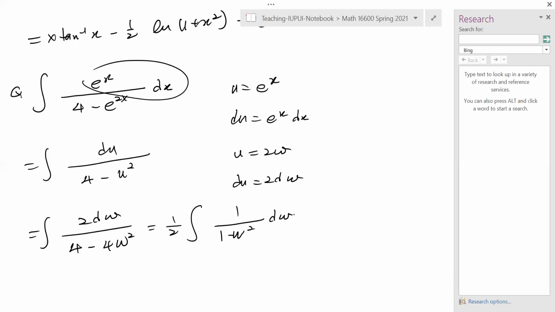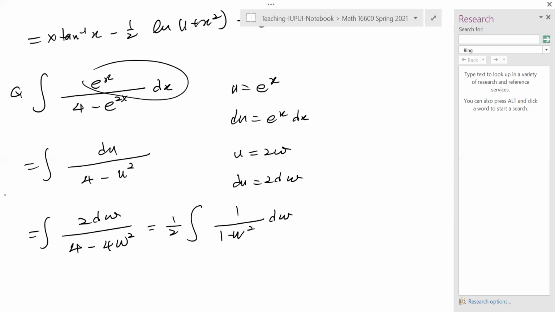Remember, what is the derivative of inverse hyperbolic tangent x? It is given in the book; let me go find the page number. It's here.